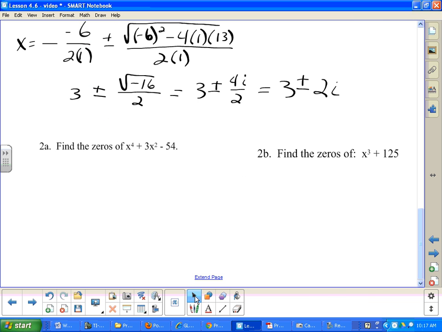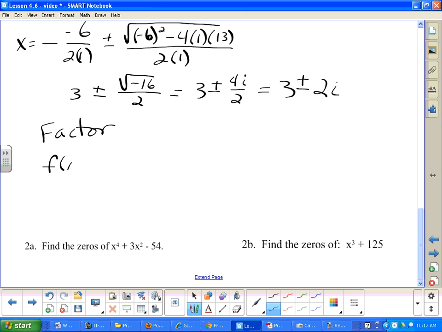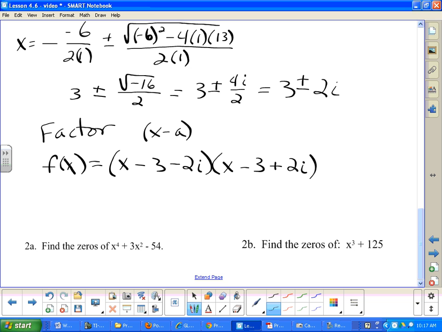Now, to be able to write that in factored form, we want to actually factor it. Then we would say that f of x equals x minus (3 minus 2i) times x minus (3 plus 2i), because remember that your factors are always x minus a and x minus b.